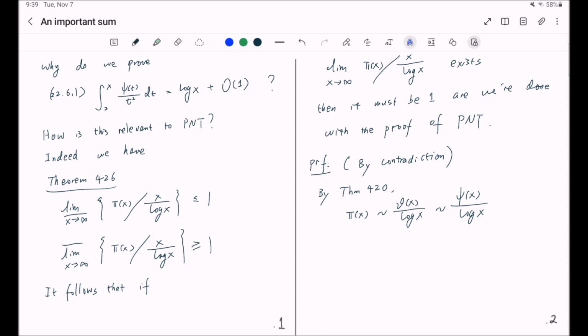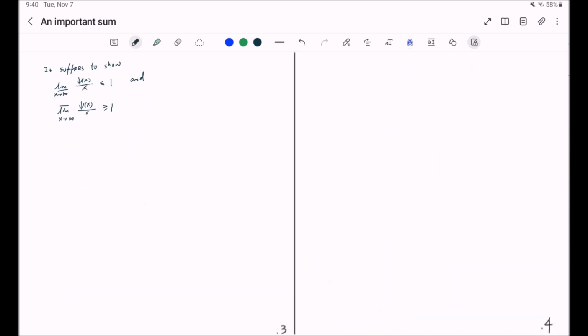Therefore, to prove this theorem 426, it suffices to show the lim inf when x goes to infinity of psi of x divided by x is less than or equal to 1, and lim sup when x goes to infinity of psi of x divided by x is bigger or equal to 1. It suffices to show these two inequalities. So now how do we prove them?